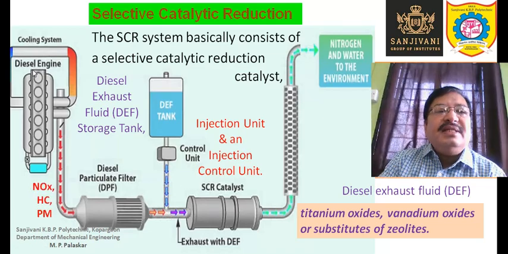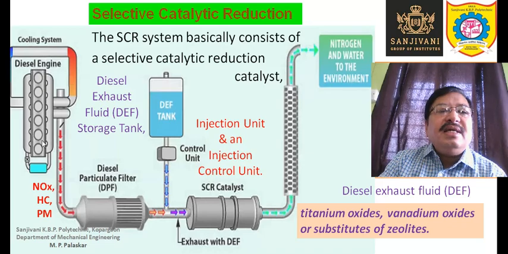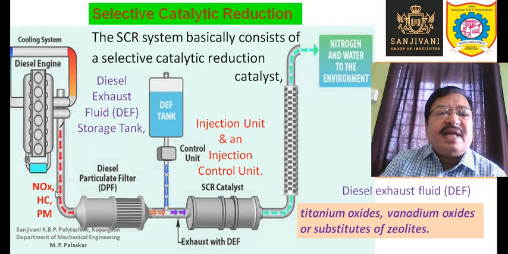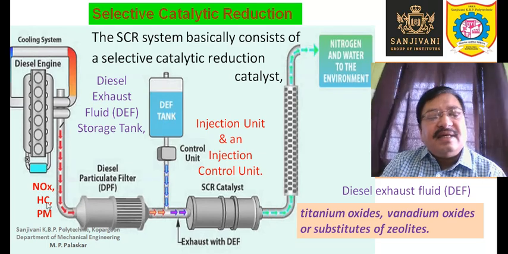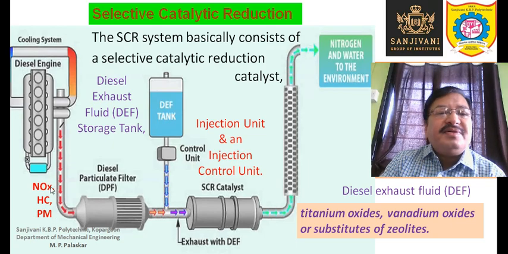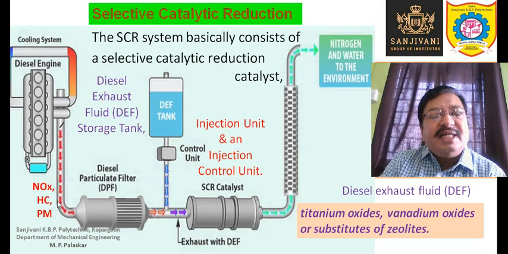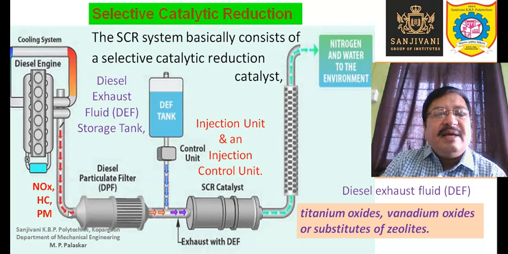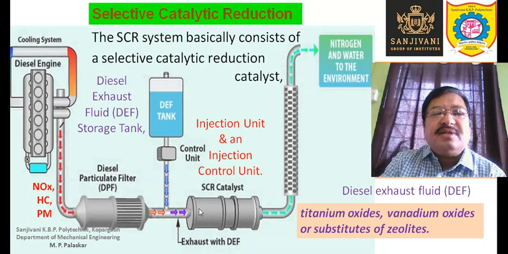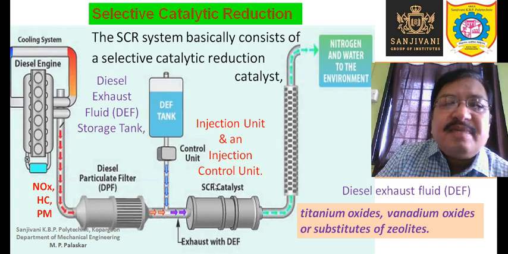So this is the engine, and through the engine the exhaust gases are coming out. So let us say the exhaust gas consists of the nitrogen oxides, then the unburned hydrocarbons, then the particulate matter. Of course, the carbon monoxide is also present in the exhaust gases, but right now we are interested in reduction process.